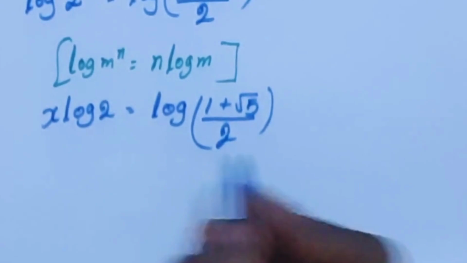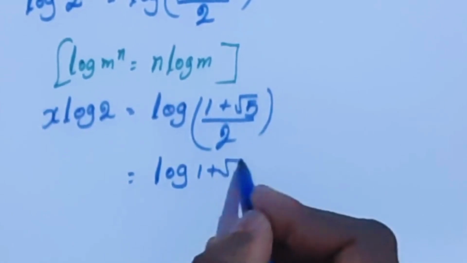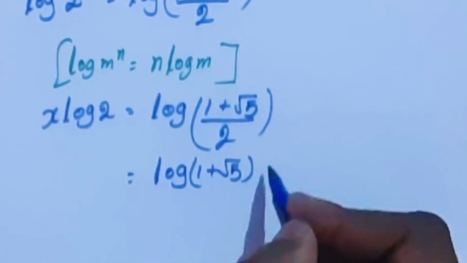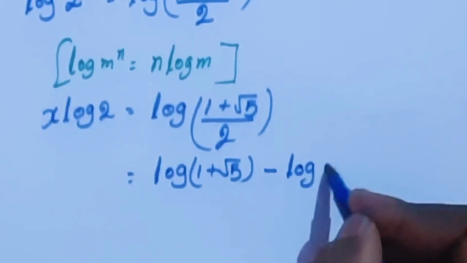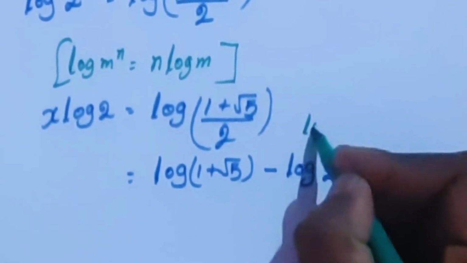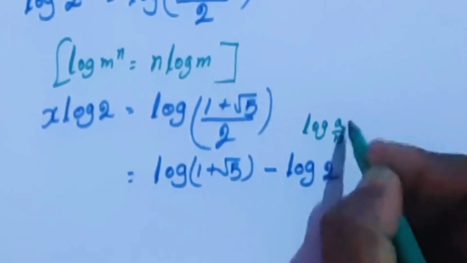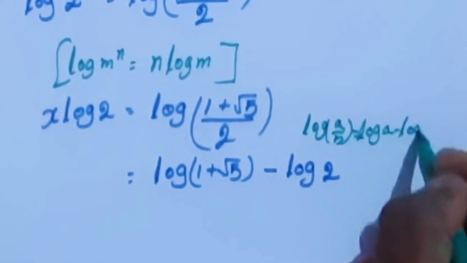Now this can be written as log(1 plus square root of 5) minus log 2. Here we have applied that log(a/b) equal to log a minus log b.